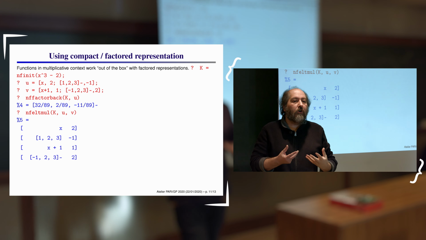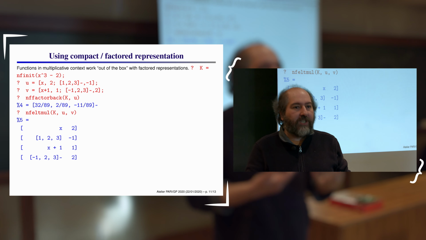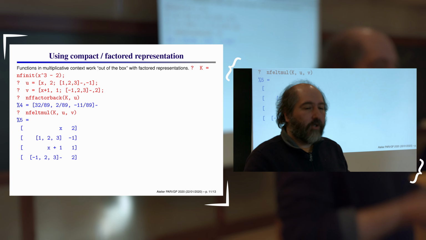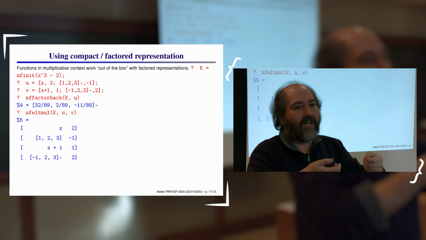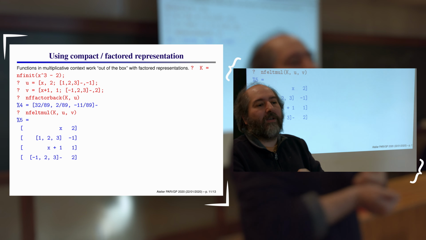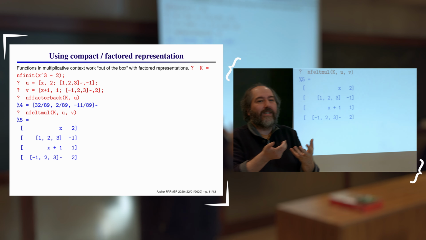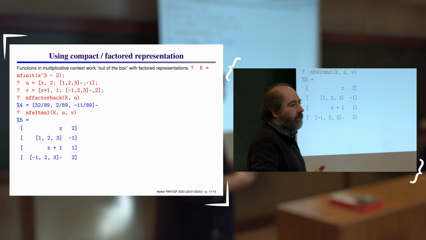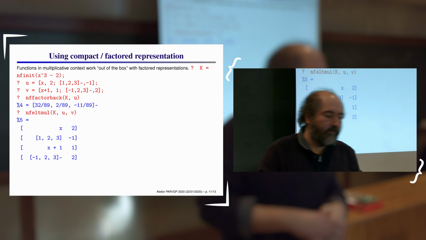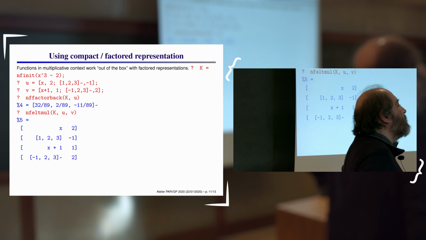So there is no non-generic simplification, but we're really working in the free abelian group Z of K star, and we have unicity in that group.